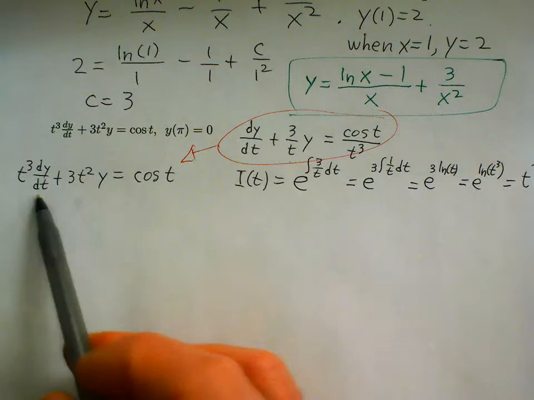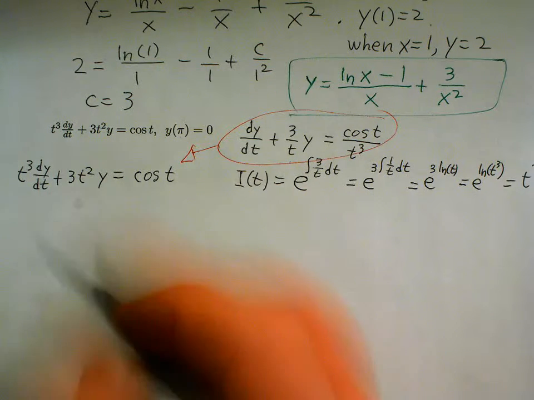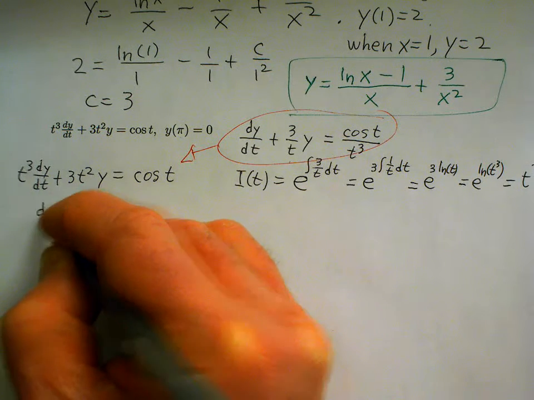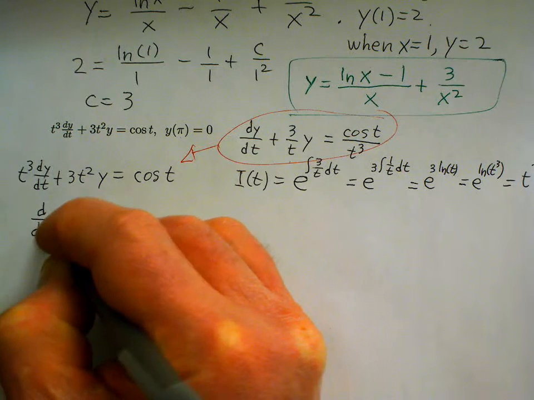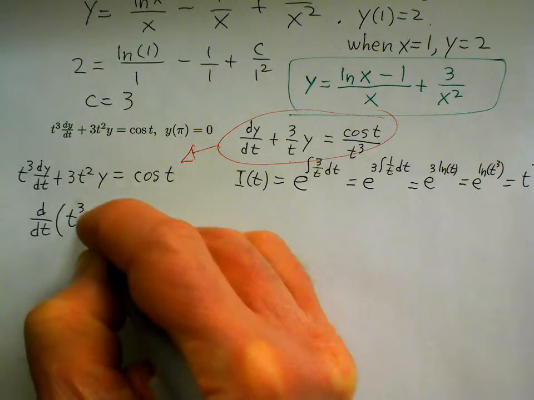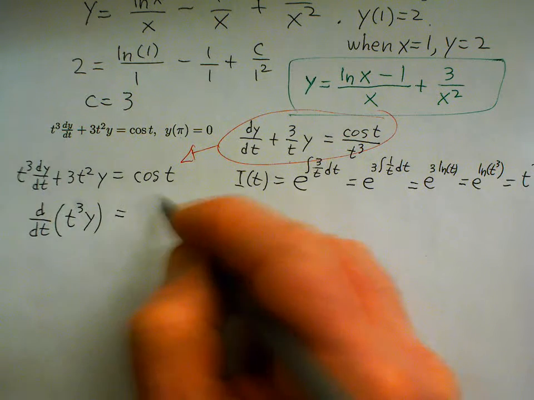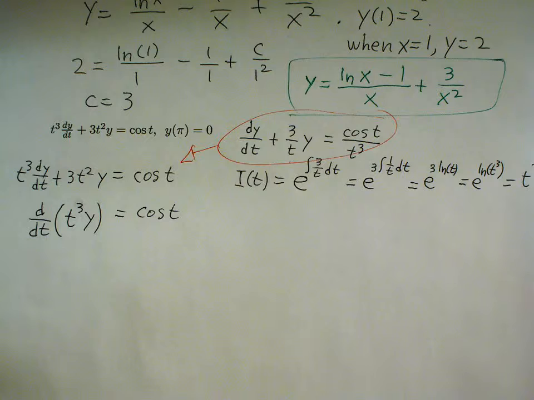Okay, so the left-hand side is the derivative of a product. So if we compute the derivative with respect to t of the product, t to the third times y, and now we can compute the antiderivative of both sides.